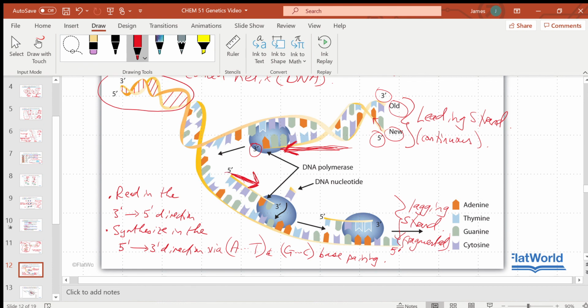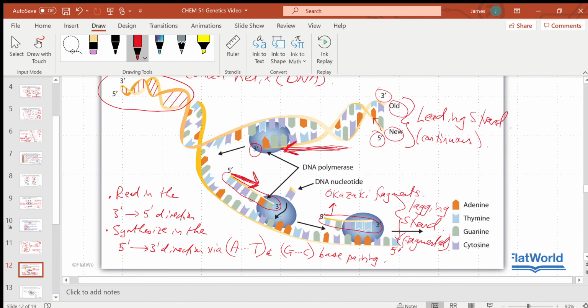And as a consequence, I have fragments that have to be sewn together. Fragments because of congestion. These fragments in the lagging strand are called Okazaki fragments.